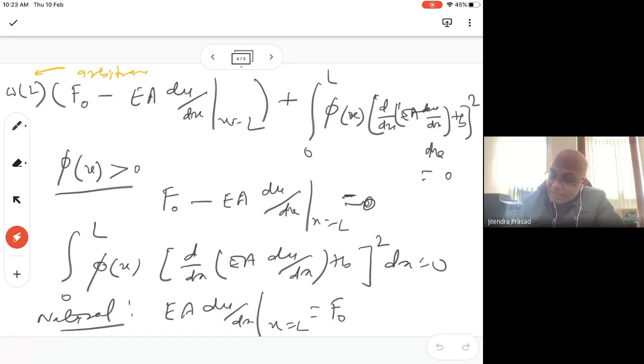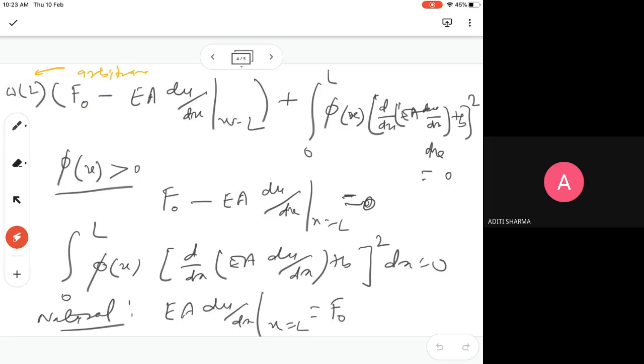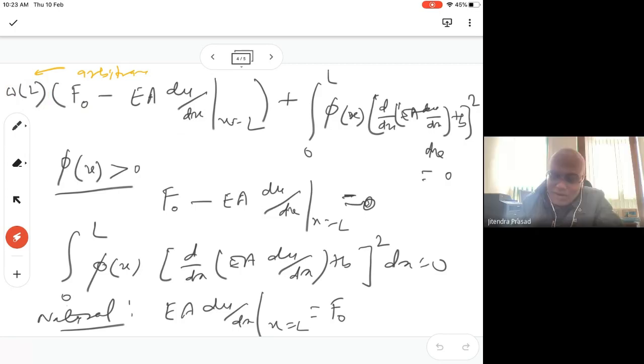Yes, it can be negative, but regardless of that, what I'm saying is, suppose you choose WL to be negative, then what happens? Regardless of what W you take, this has to hold.